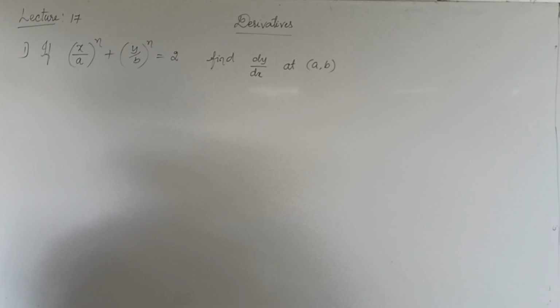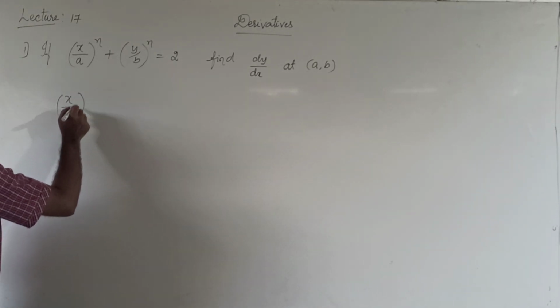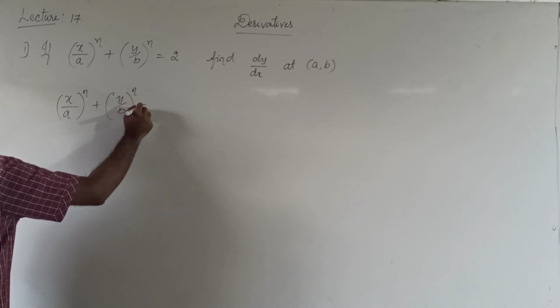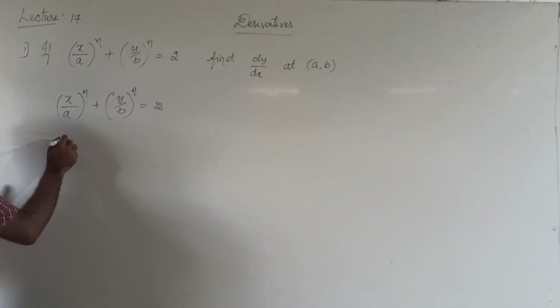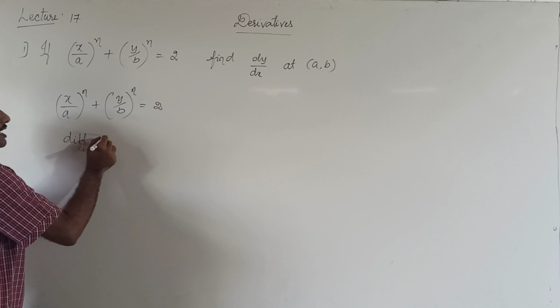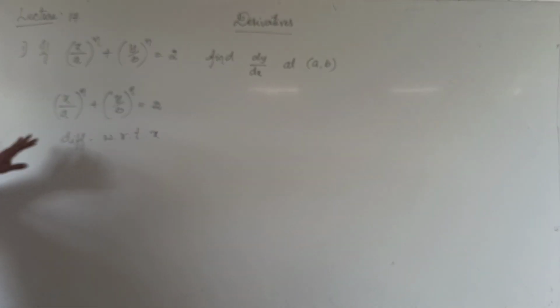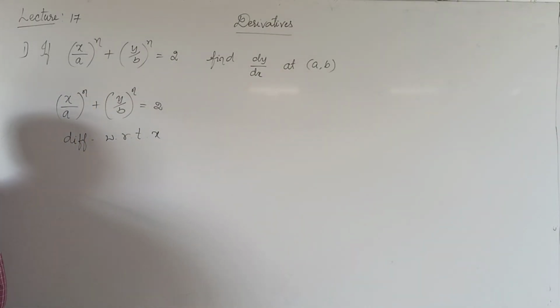Now I'll take this (x by a) whole power n plus (y by b) whole power n is equal to 2. This is the expression they have given. Let us differentiate this with respect to x. The derivative of x power n is n into x power n minus 1.